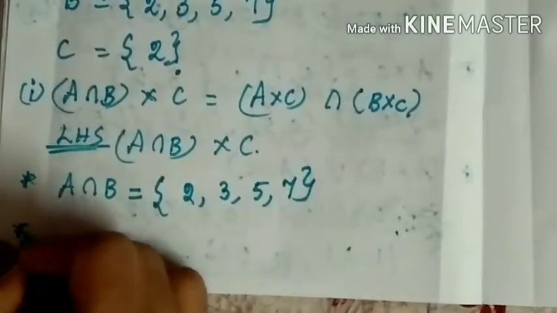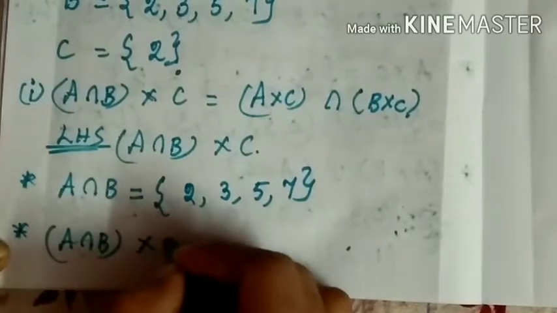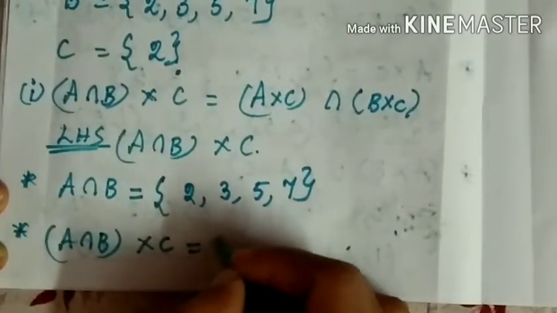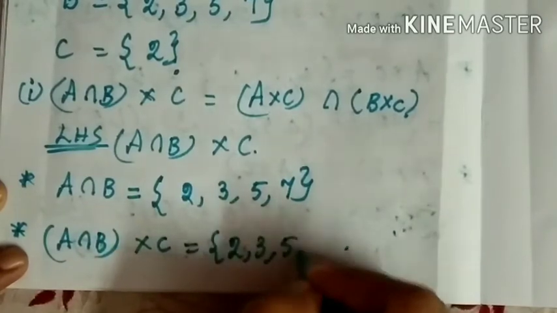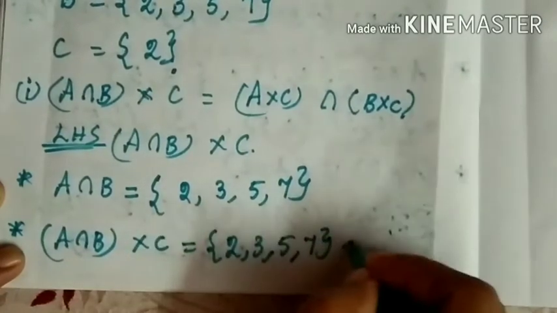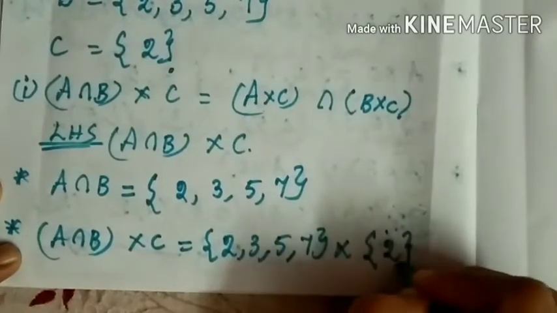Then next step, (A intersect B) cross C. It means A intersect B elements {2, 3, 5, 7} cross C element {2} alone. Okay.